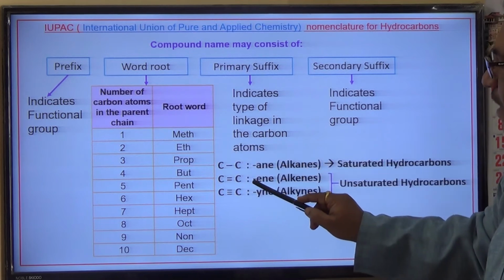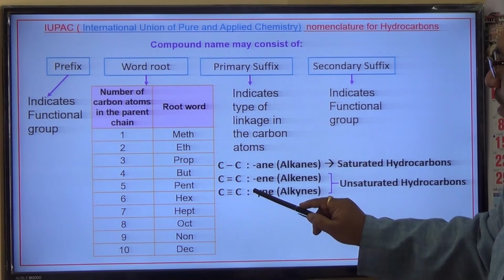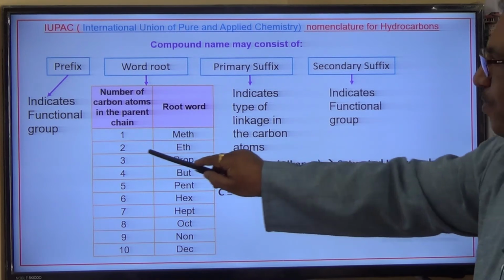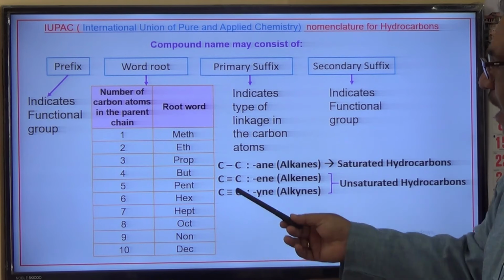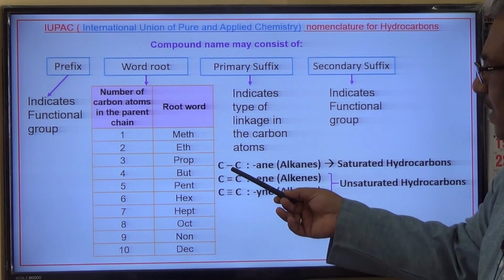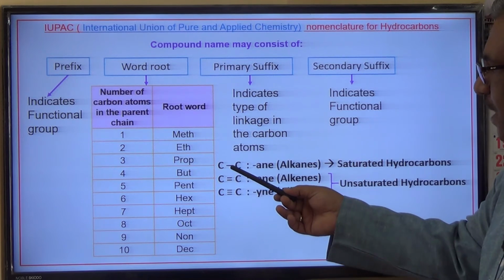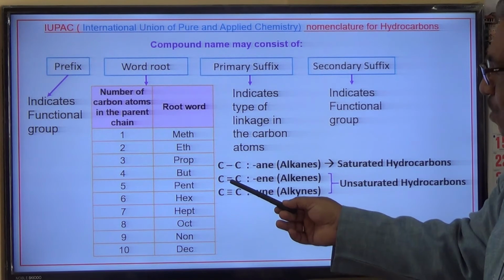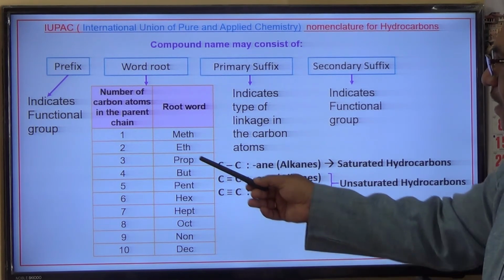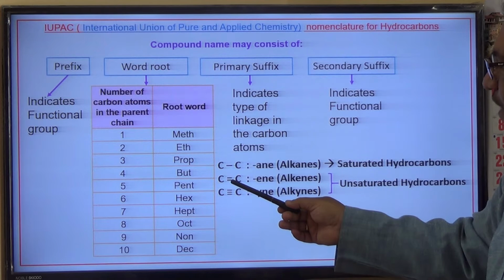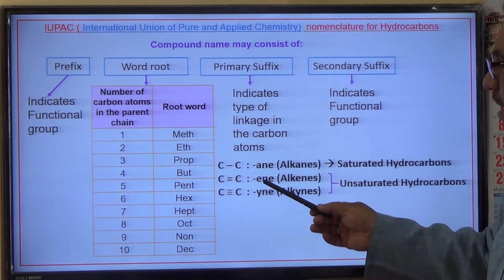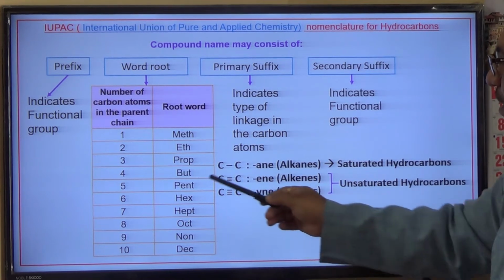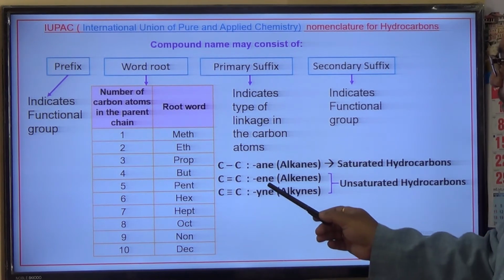Meth and ene cannot be combined, because in meth the number of carbon atoms is only one, whereas in eth you find two carbon atoms, and we can have either a single bond or a double bond. If a single bond is there, ethane. If a double bond is there, add ene after eth: ethene. Prop, propene. But, butene. Pent, pentene, like that.